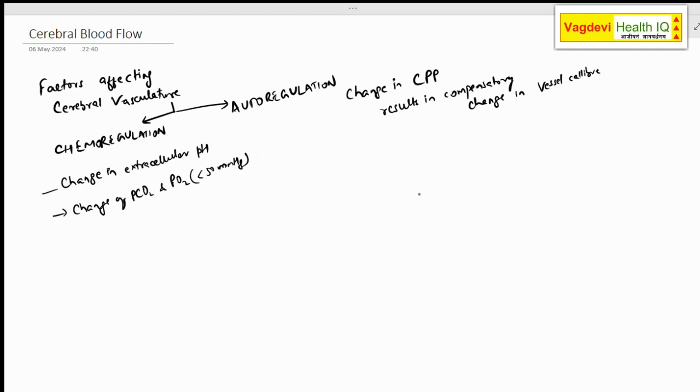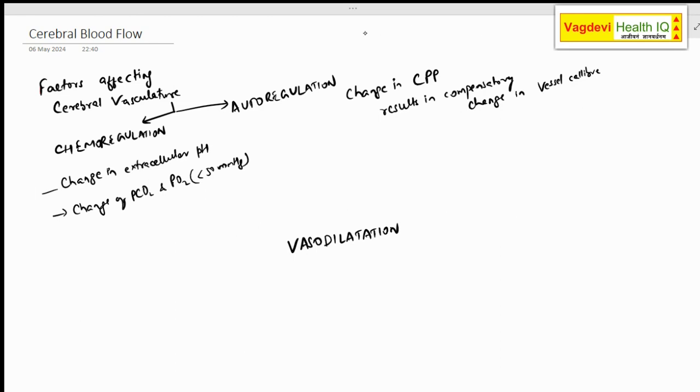Okay, now we will talk a little bit about vasoconstriction and vasodilatation. So suppose I will take the picture of vasodilatation first. Okay, did you understand this point?